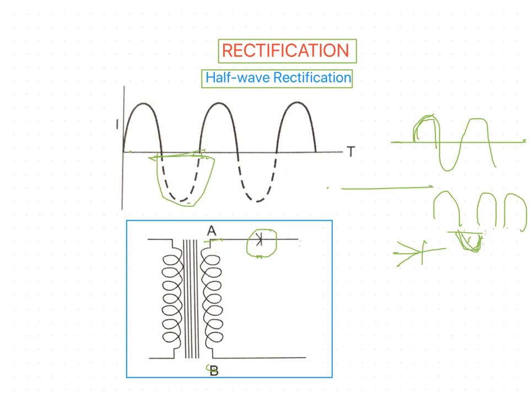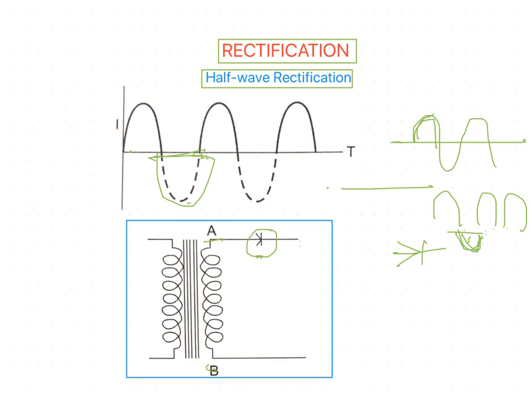This is the output circuit, which we can also call the patient circuit. AB is the secondary coil of the transformer supplying the apparatus.